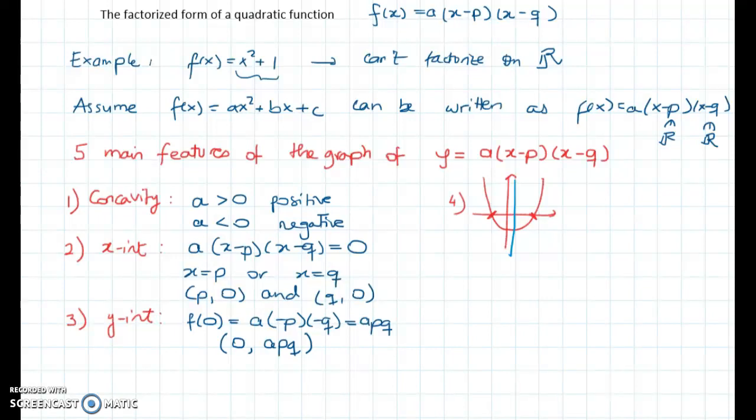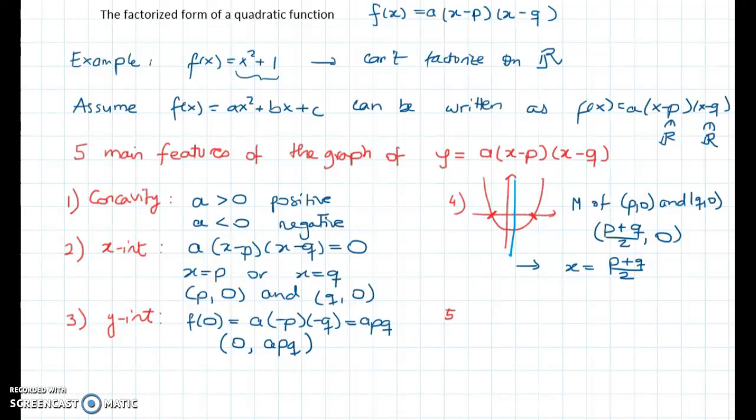So I need to find the point that is halfway, so the midpoint of the x-intercepts (p, 0) and (q, 0). So that's going to be at the point ((p plus q) divided by 2, 0). So the axis of symmetry is going to go through that point, and it's a vertical line. So it has equation x equals (p plus q) divided by 2.